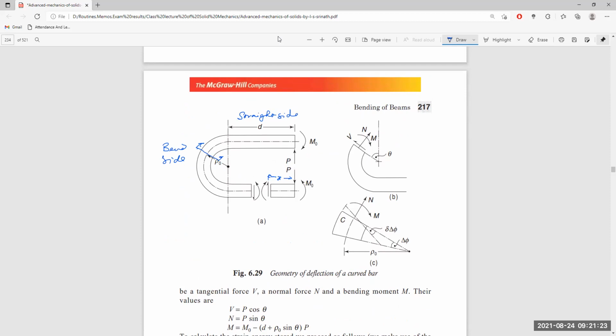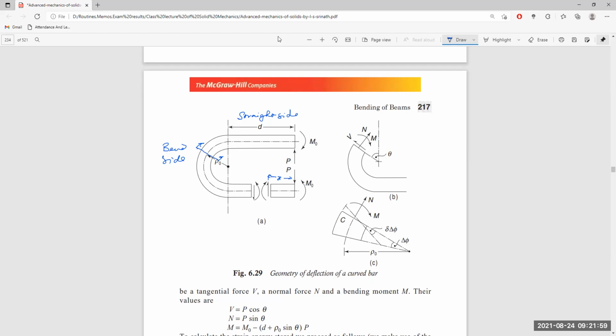If we draw the other side of this portion of the beam, this shear force will act in the downward direction. One bending moment is acting clockwise, and the corresponding bending moment on its invisible side, I mean the invisible free body, will act in the clockwise direction here. This portion of the beam is also carrying the external force P and external bending moment M0 here.